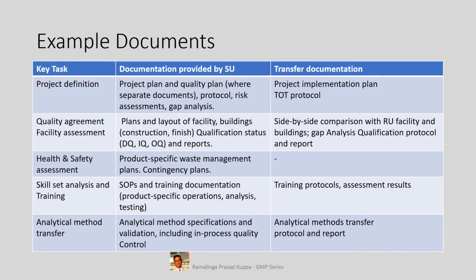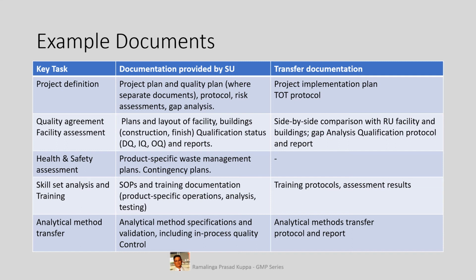The key task, the project definition should be clear. The documentation provided by the sending unit should have a project plan and quality plan where separate documents are required. Necessary protocols, risk assessment reports, gap analysis should be submitted by the sending unit.